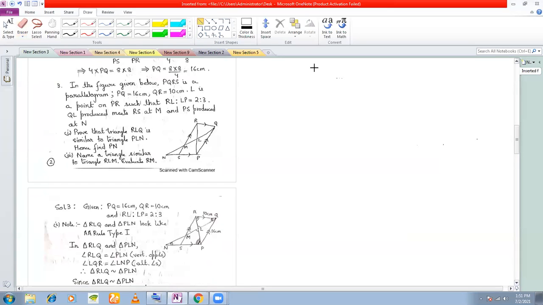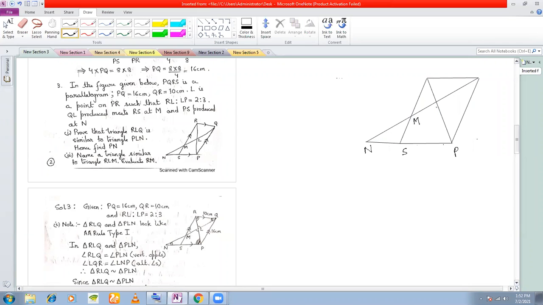The figure that is given to you here is this figure, and it is said that PQRS is a parallelogram, PQ is equal to 16 centimeters.